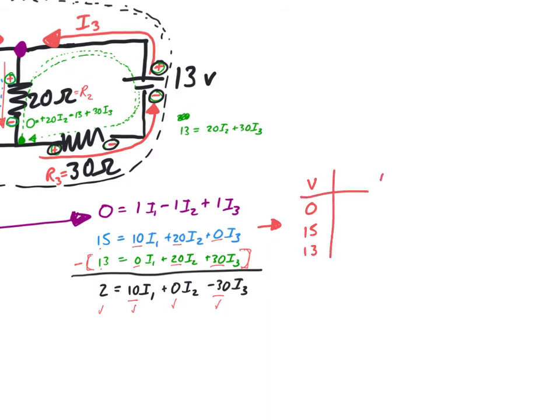And the resistor matrix is going to be 1, negative 1, 1, 10, 20, 0, and 0, 20, 30.